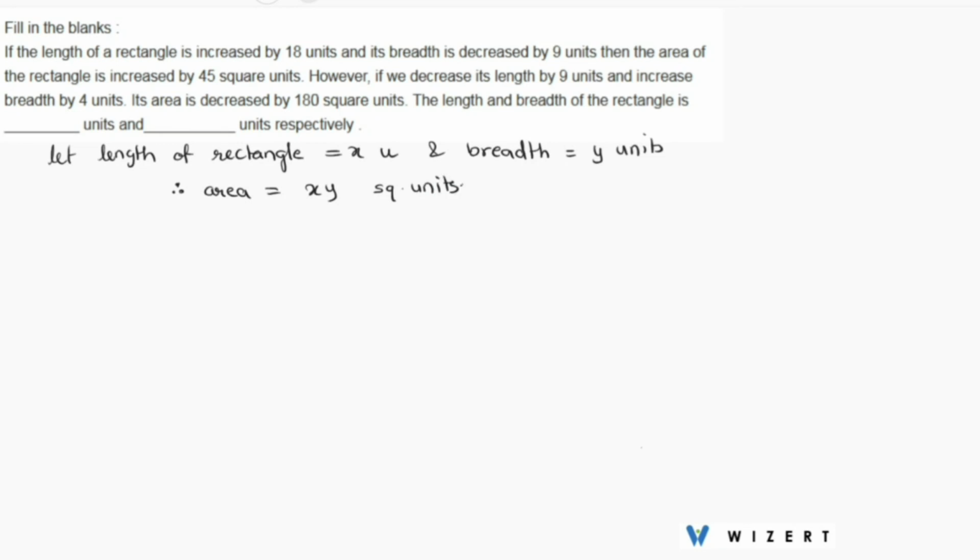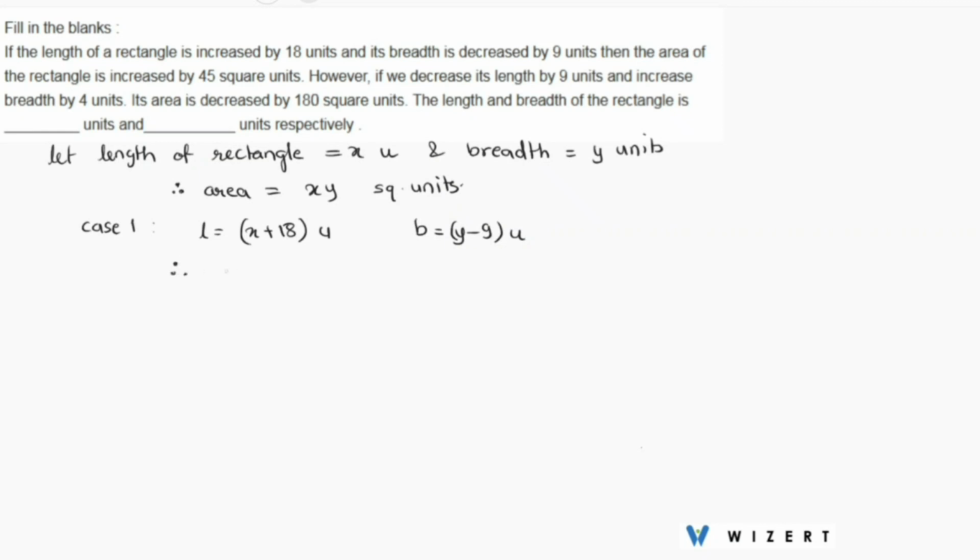Now length is increased by 18 units and breadth is decreased by 9 units. So case 1: length is equal to x plus 18 units, and breadth is decreased by 9, so y minus 9 units.